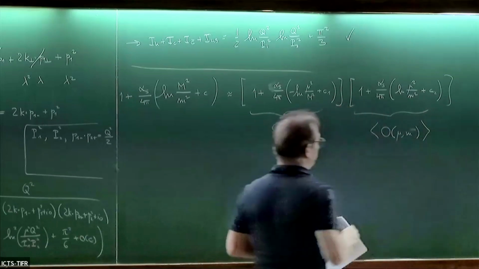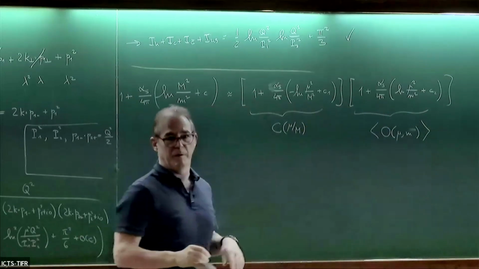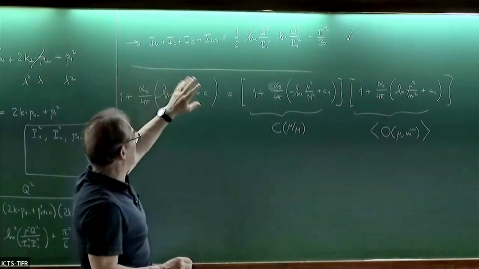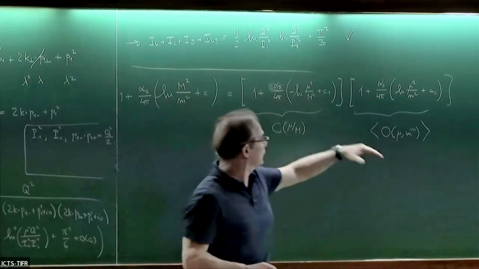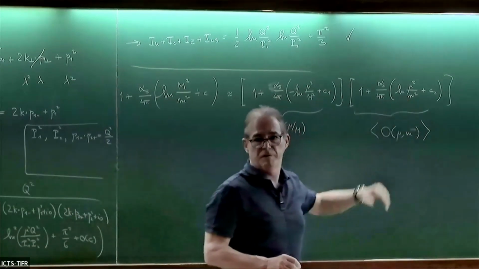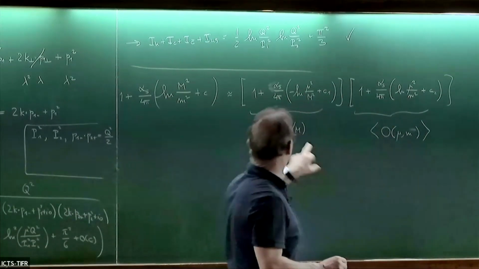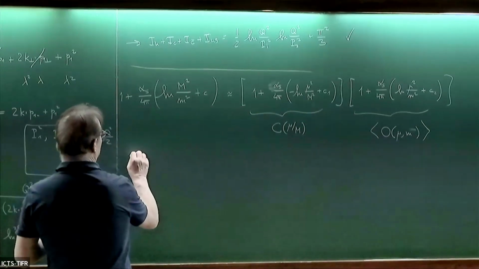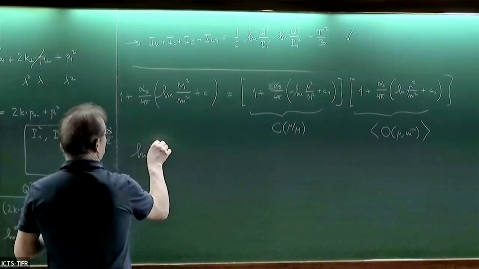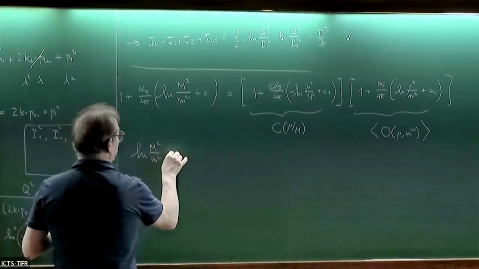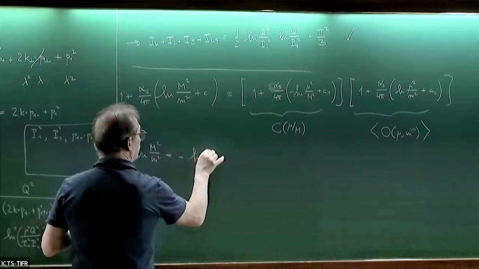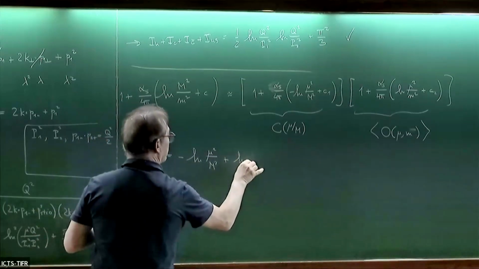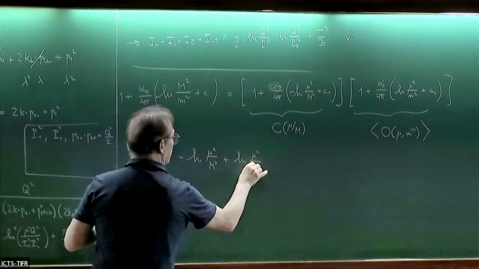of the theory. That's like SMEFT, for example, where this would be some BSM model, and now you split it up into a Wilson coefficient and a matrix element of some SMEFT operator. So the small scales are here, the large scales are there. And you see that this works because of the trivial identity that log m square over m square can be written as minus log mu square over m square plus log mu square over little m square.